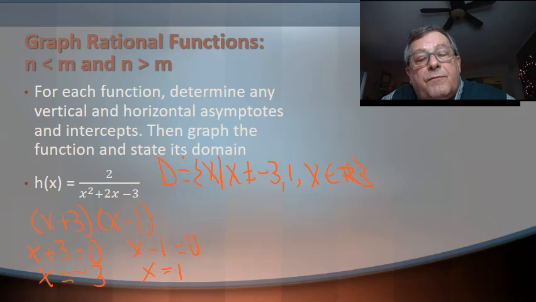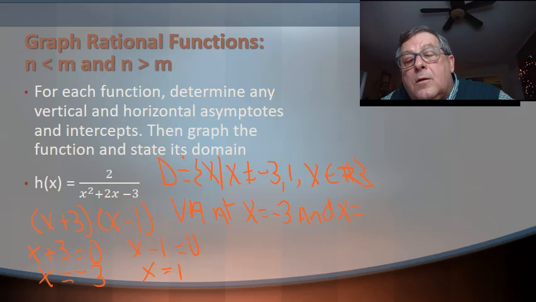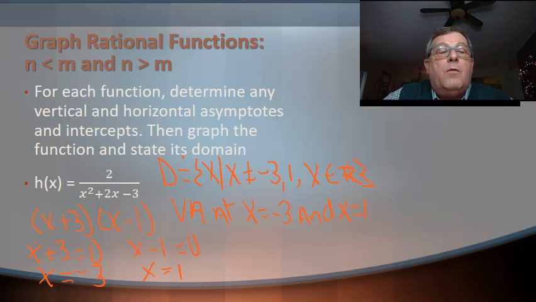So then my vertical asymptotes, I'm going to write it like this. I'm going to say VA, vertical asymptote at x equals -3 and x equals 1.